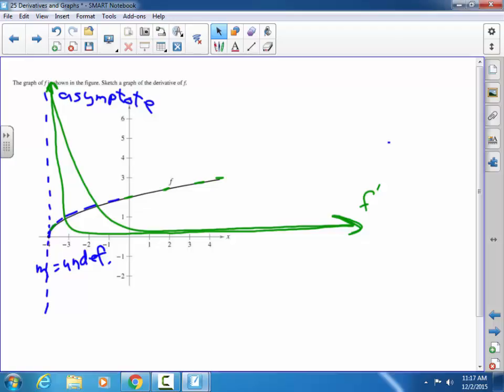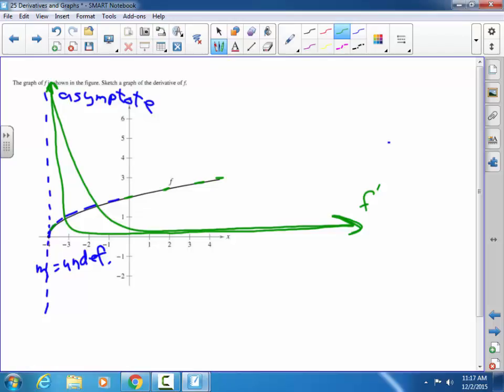Do you think this ever gets to a place where the derivative is just the same thing? It's always getting closer and closer to 0. So we can't really draw exactly what this looks like. This thing is always getting closer and closer to the x-axis, so it's never flat. We don't have any critical points in this green line.